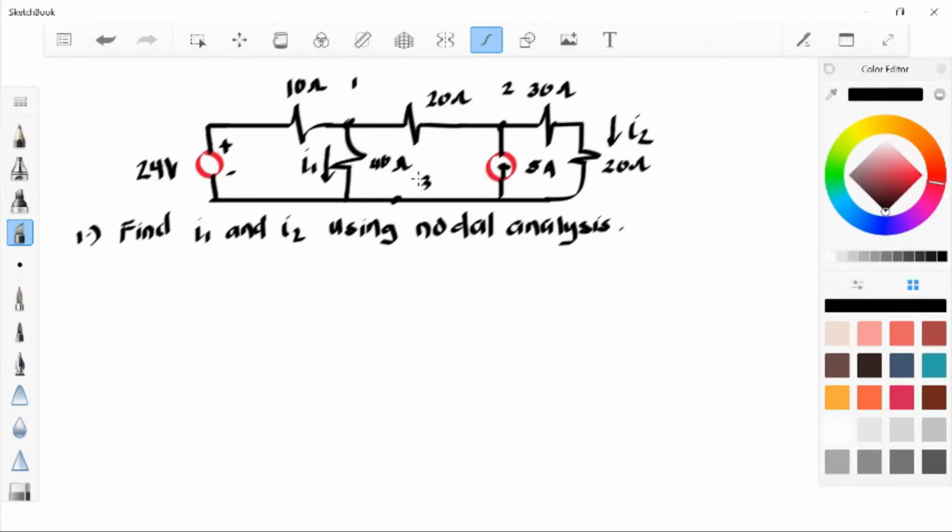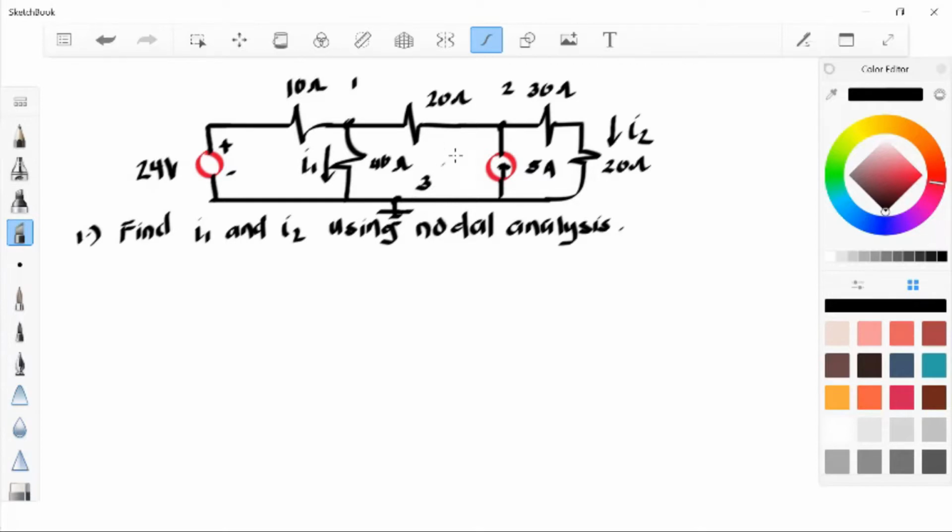For the second step, we need to assign a datum or a reference point, which will be our ground. So let's say the datum would be node 3. And in order to solve this circuit, we need to assign the nodal voltages. What is the reason why we are assigning a datum or a reference point?